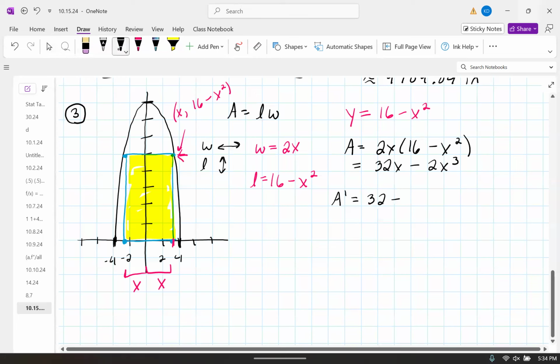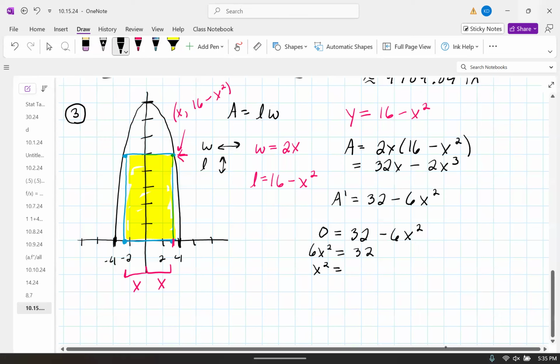I really want it to be 8, but it is 6 again. Bring that over. 6x squared equals 32.